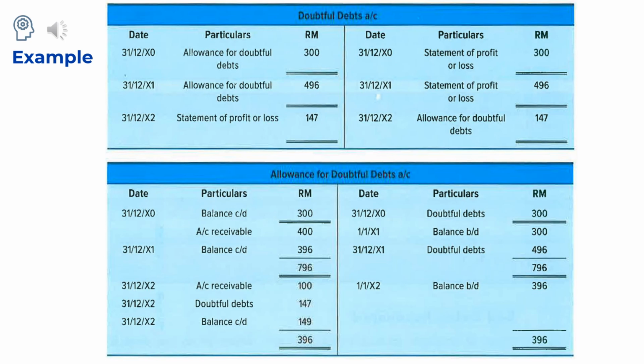But this one is the debit balance, so it will be transferred to the doubtful debts account here as a credit, allowance for doubtful debts of 147.